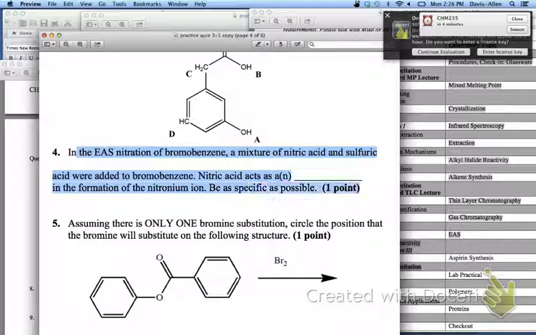Nitric acid we might expect to act as an acid. That's what its name sounds like. But it doesn't act as an acid, it instead acts as a base. So nitric acid in the formation of the nitronium ion, okay, which was our electrophile, acted as a base. Okay? So you might see some level of that question show up.